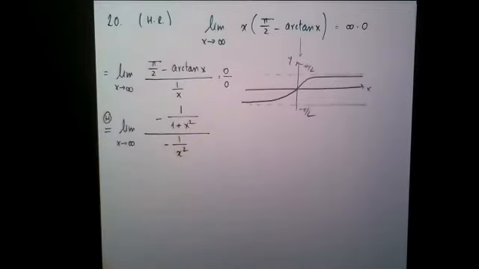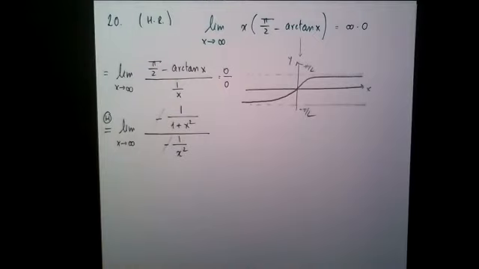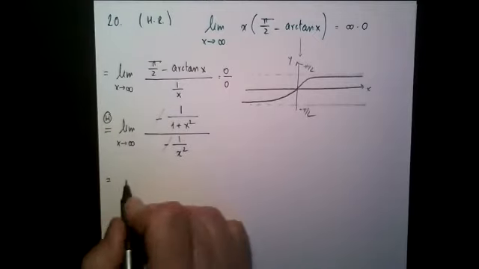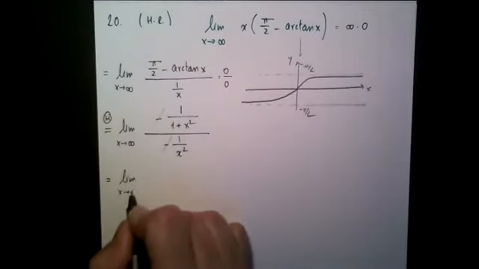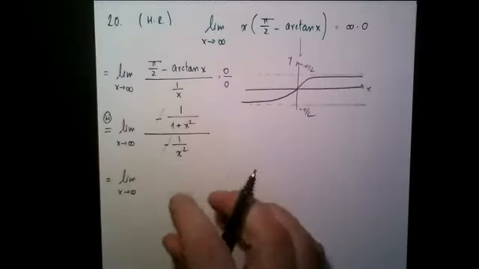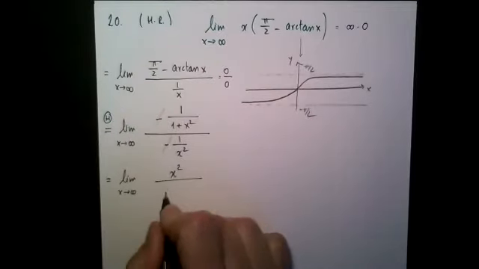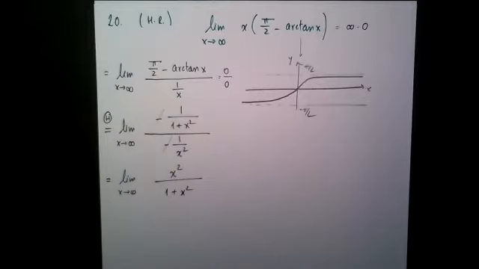Is this okay? Yes. Okay, let's simplify the minuses. And now I have the limit as x approaches infinity, and if I divide a fraction by a fraction, I'm multiplying by the reciprocal: x squared over 1 plus x squared.